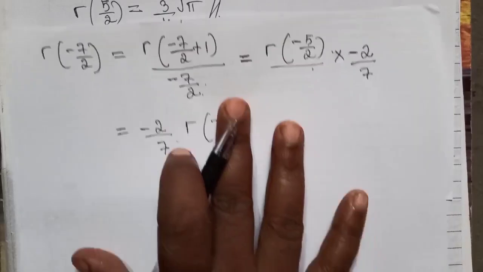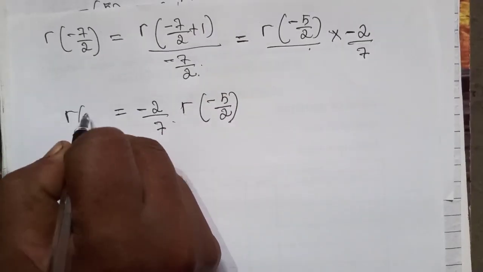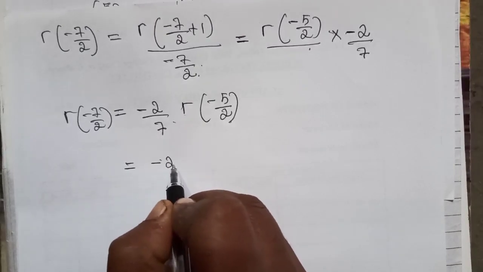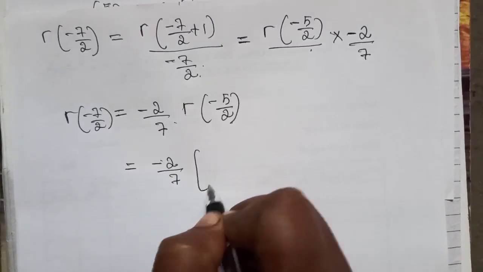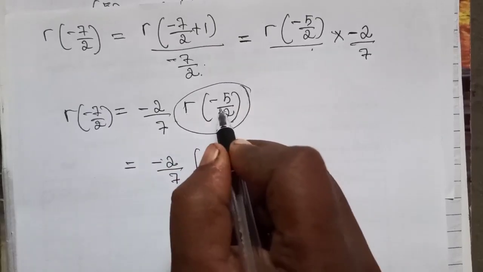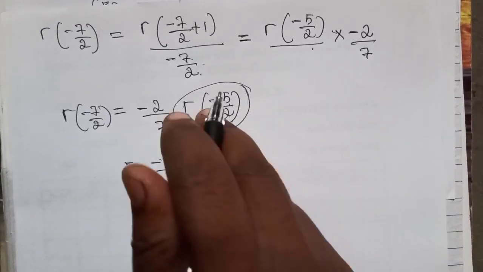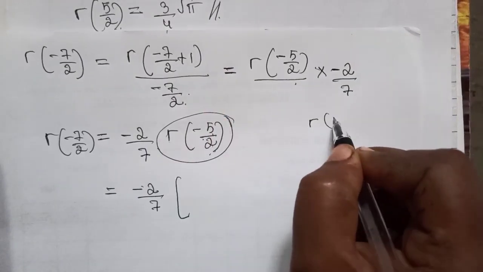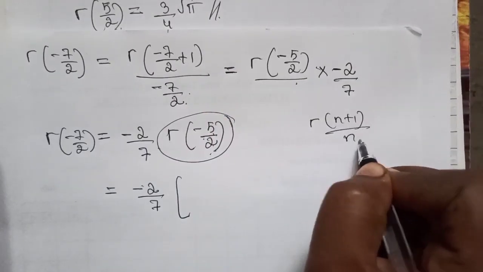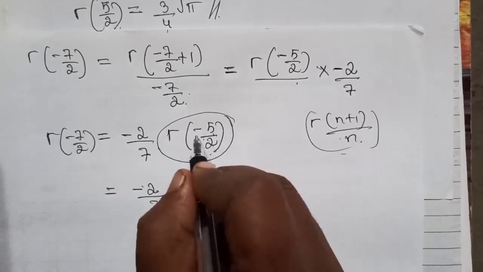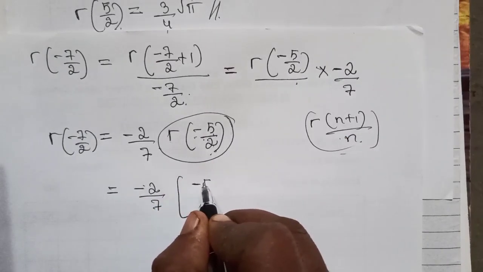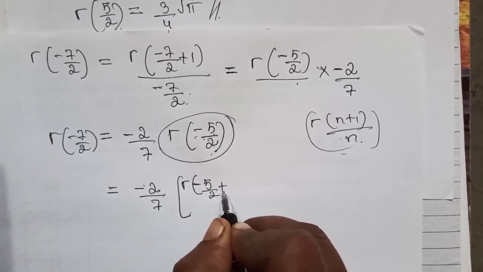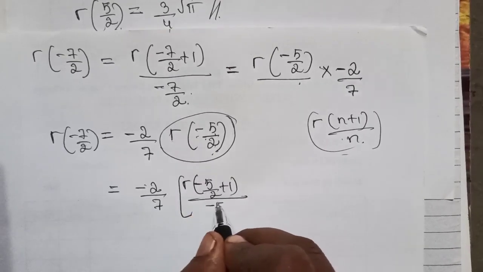So this is the gamma of minus 7 by 2 value, which can be written as minus 2 by 7. Then the gamma of minus 5 by 2 value, by using the same formula, gamma of n plus 1 divided by n, can be written as gamma of minus 5 by 2 plus 1 divided by minus 5 by 2.